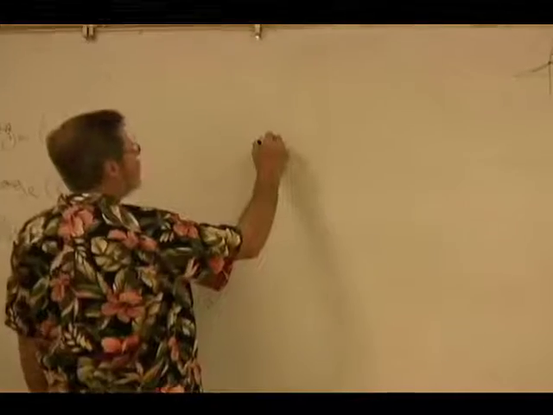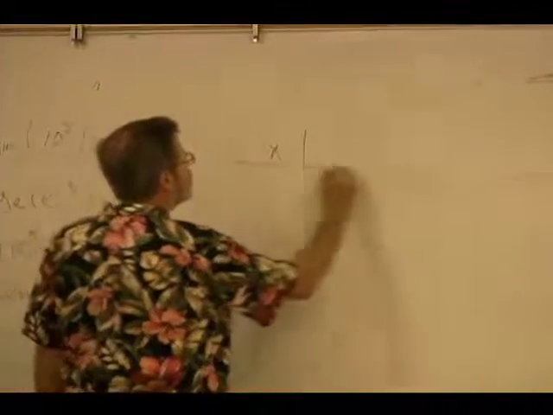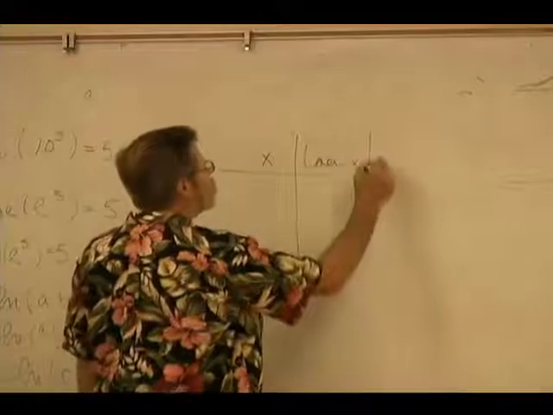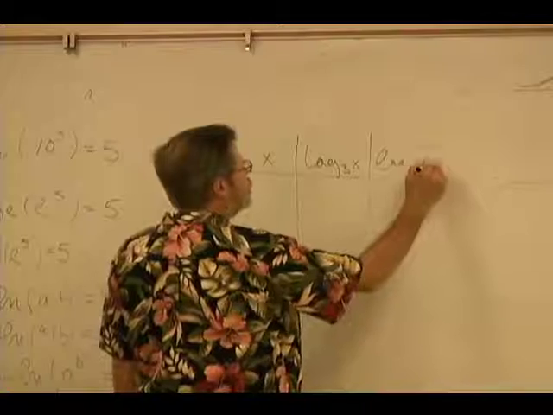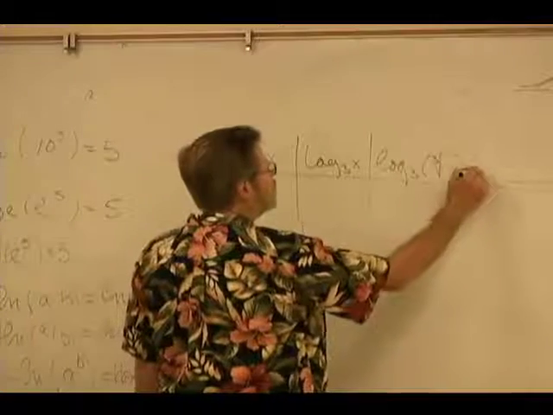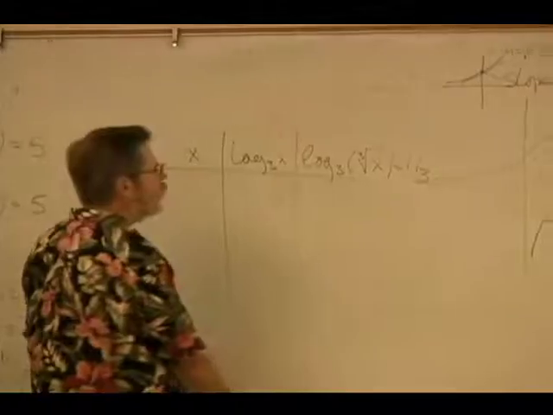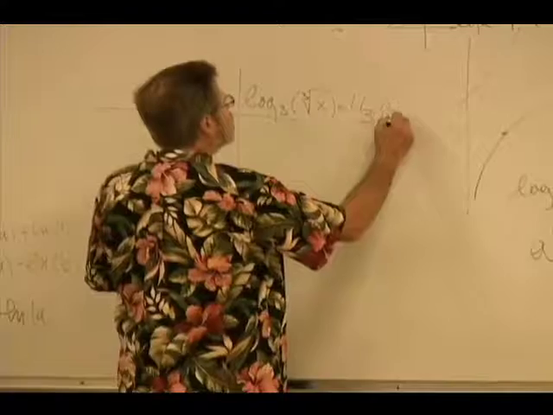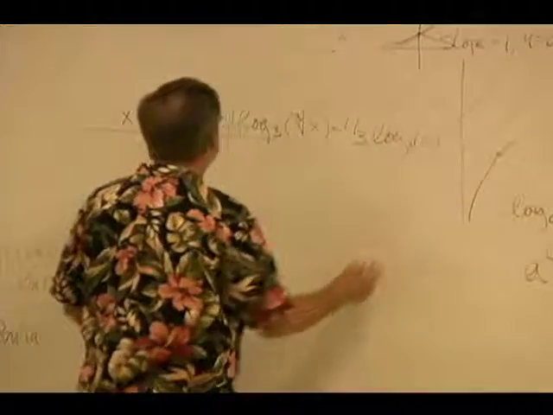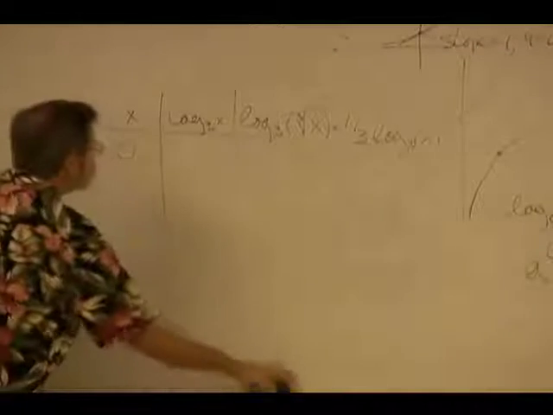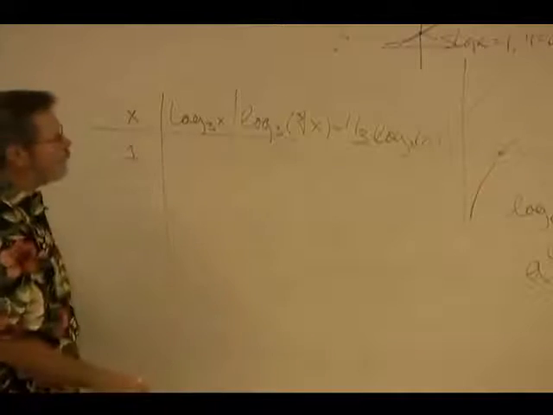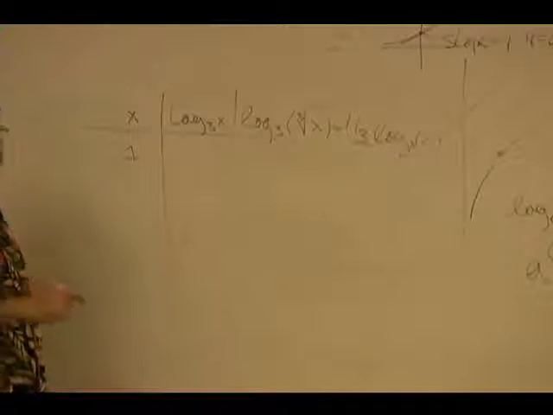If this is x, then log to the base 3 of x, then log to the base 3 of the cube root of x, which we saw is the same thing as 1/3 log to the base 3 of x. At x equals 1, log to the base 3 of 1 is the power to which you raise 3 in order to get 1.